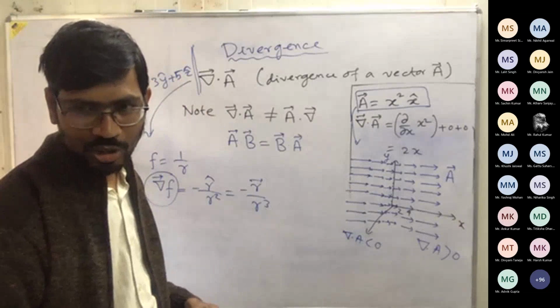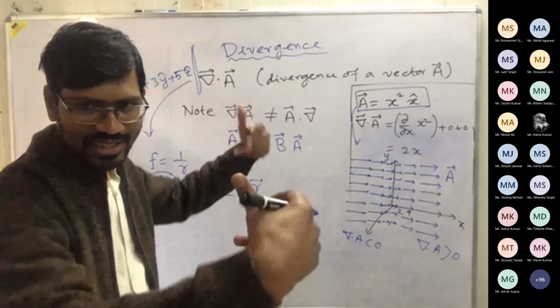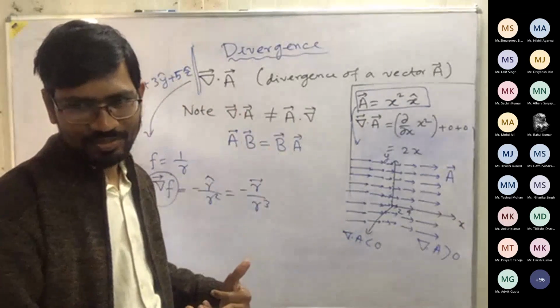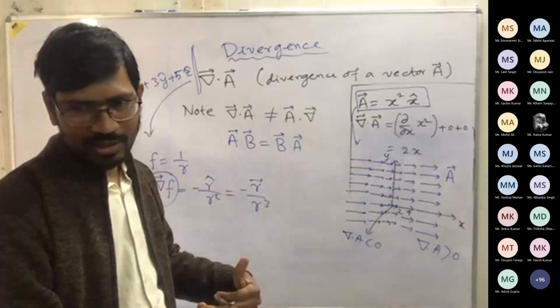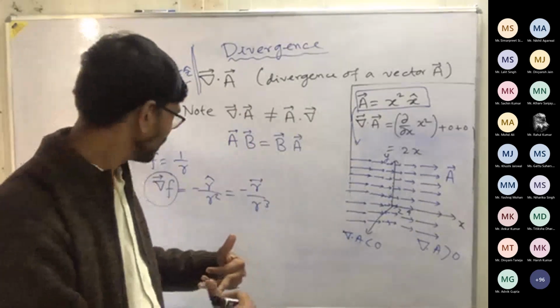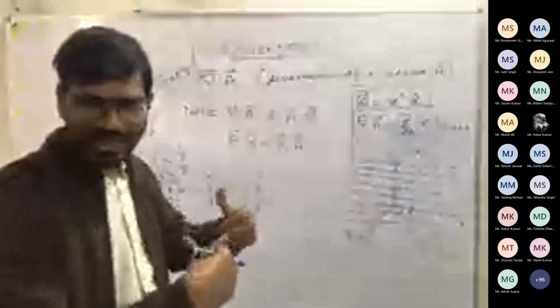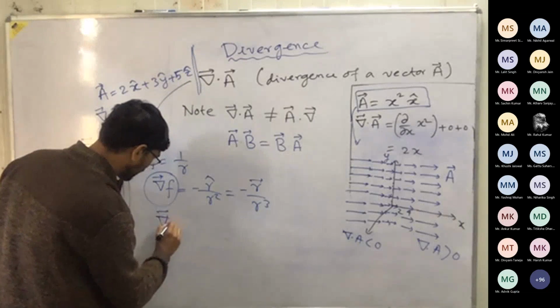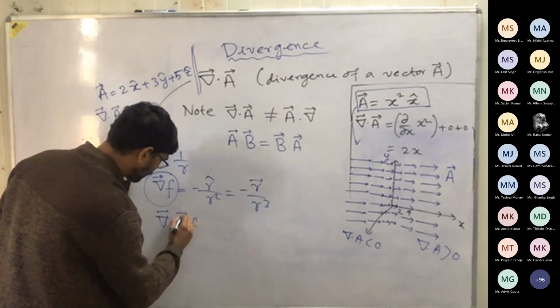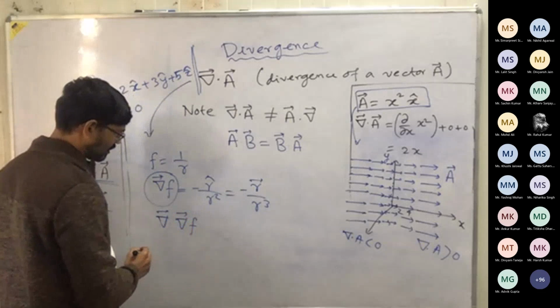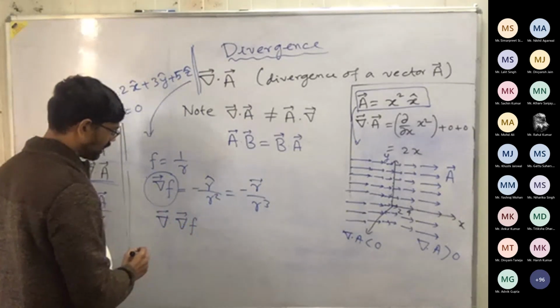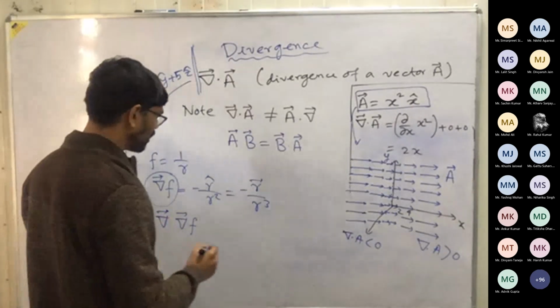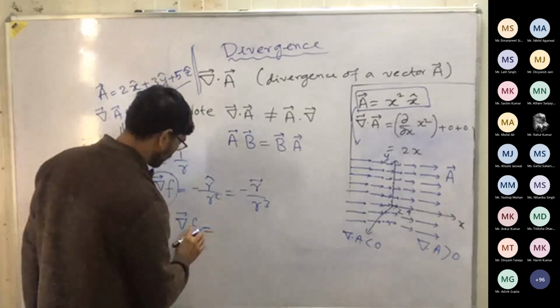So this again says that there is some net sink. If you compute the divergence of this quantity, del dot del F, you can compute this quantity. I again leave it to you.